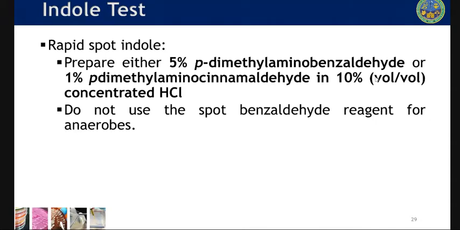This is performed by preparing 5% para-dimethylaminobenzaldehyde or 1% para-dimethylaminocinnamaldehyde in 10% volume over volume concentrated hydrochloric acid. But again, for rapid spot indole, note that you cannot use this for anaerobic organisms. It is useful for aerobic organisms and facultative anaerobes like your Enterobacteriaceae.